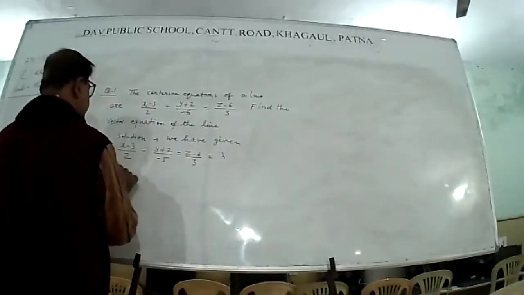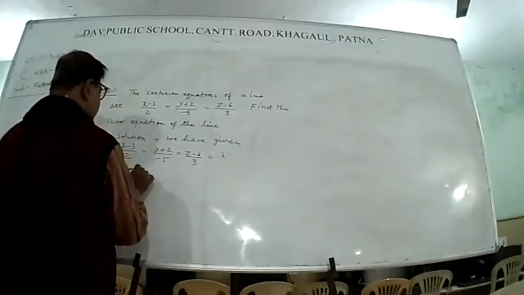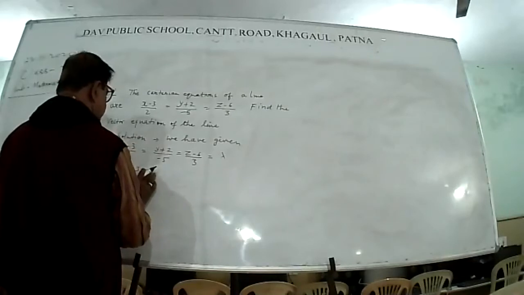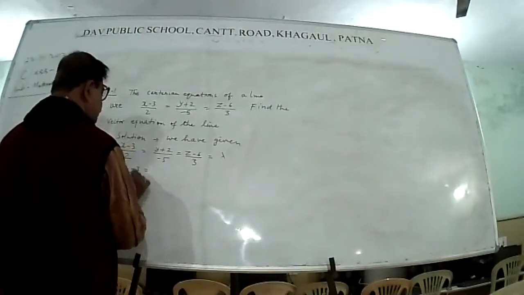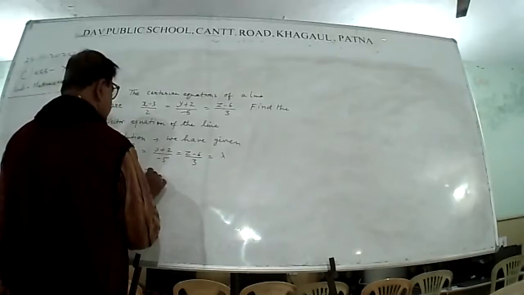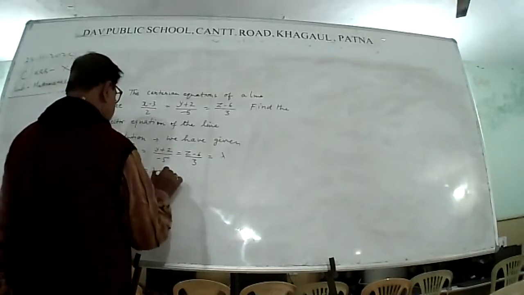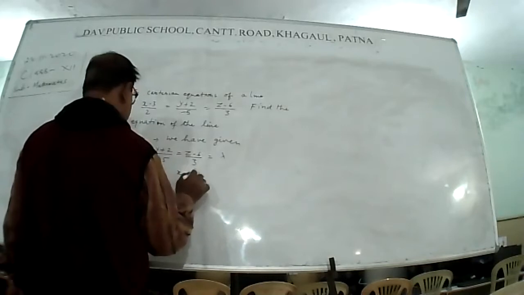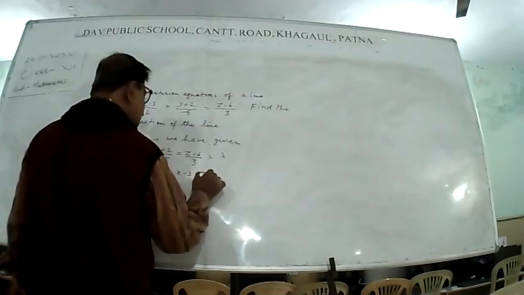This implies (x minus 3)/2 is equal to lambda, so x minus 3 is equal to 2 lambda.